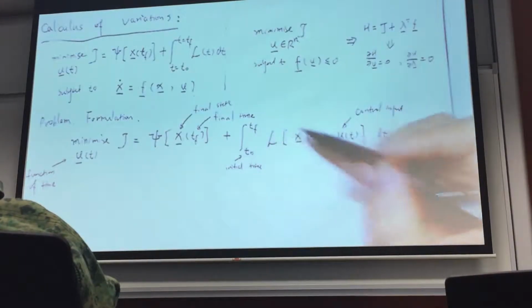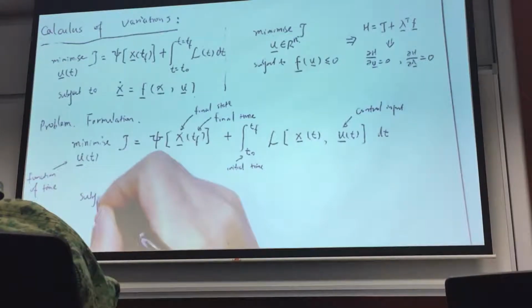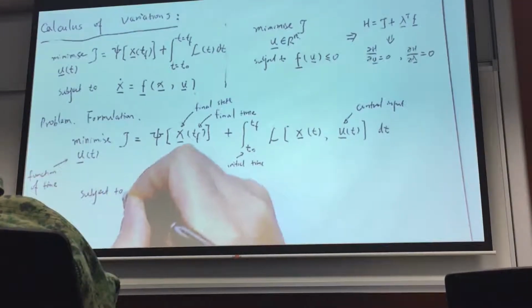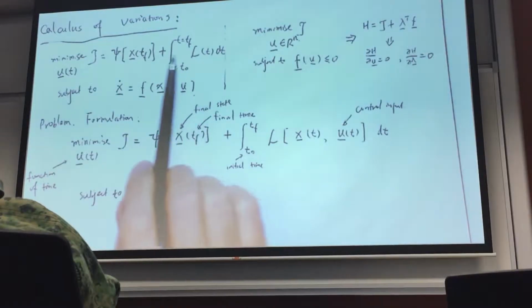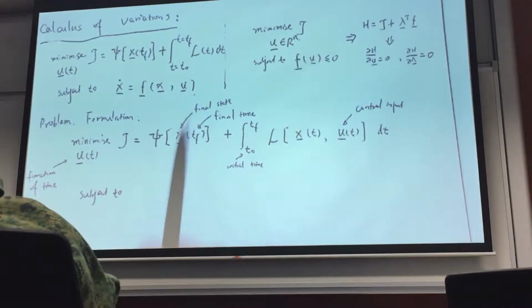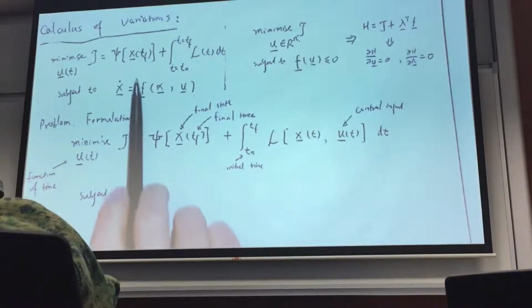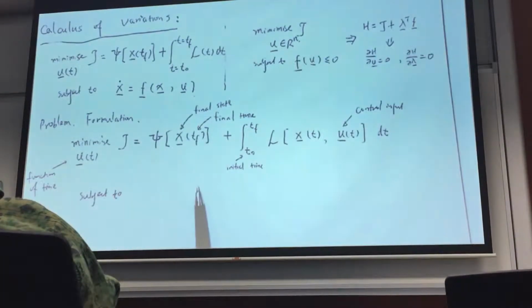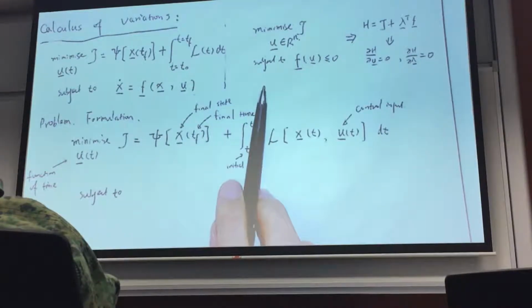So this is a cost function, subject to the dynamics of the system. The dynamics of the system, we just represent in the standard format of a constraint. So we know our constraint has the form f equal to 0.